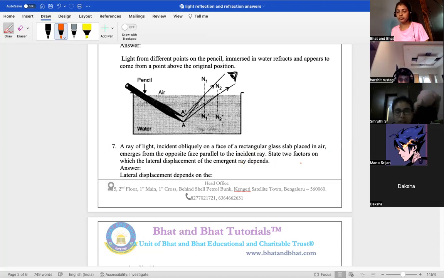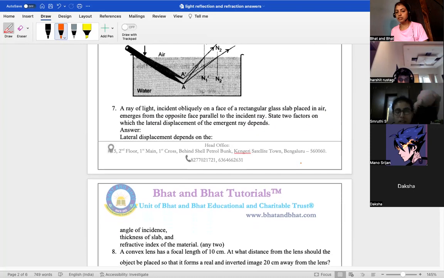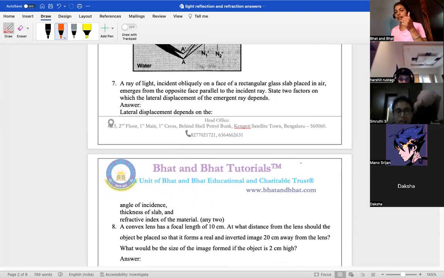So what does this lateral displacement depend on? It depends on the angle of incidence first. And the second one is it depends on the thickness of the glass slab. And the third one is it depends on the refractive index of the material.